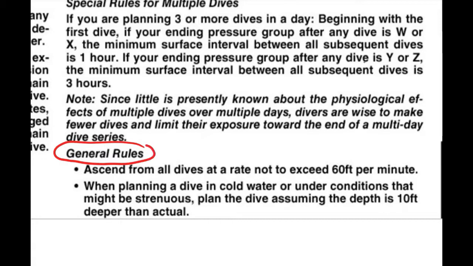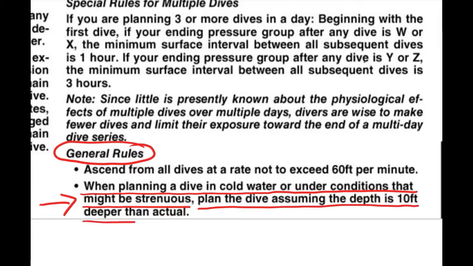Well, this whole ice dive thing, when planning a dive in cold water, or under conditions that might be strenuous, you need to plan the dive, assuming the depth is 10 feet deeper than actual.